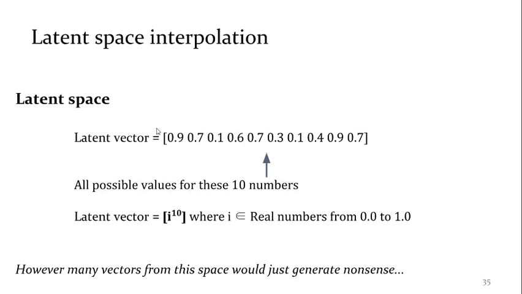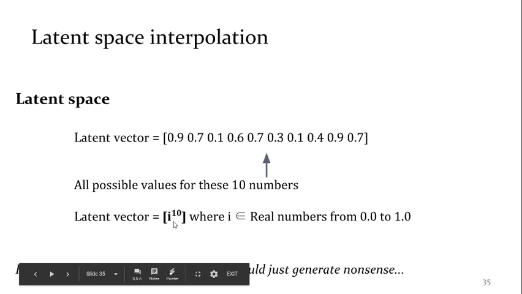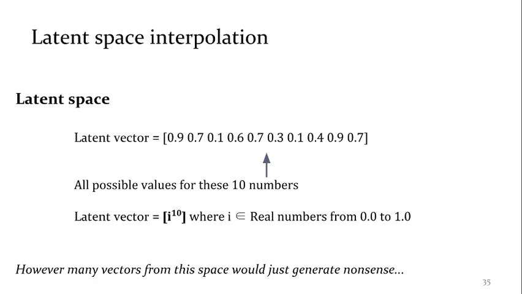It just means we have 10 numbers and all of them come from 0 to 1. So all possibilities that can fit into this one vector are called latent space. The latent vector is moving around the latent space. It is just terminology to talk about it better.